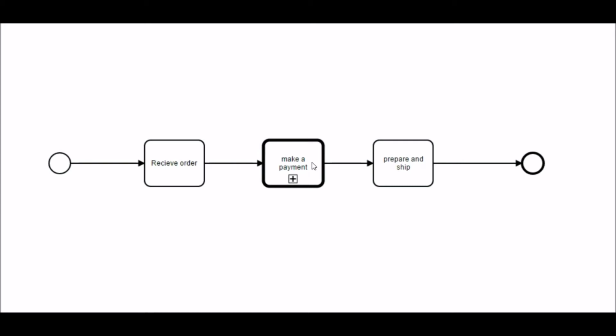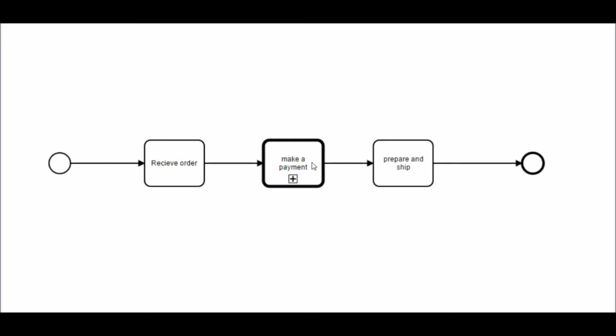Whenever we require a payment process, we can call and reuse it using call activity. So basically, call activity is used to reuse the task and sub-process in a process.